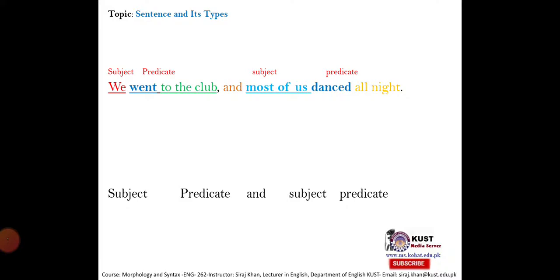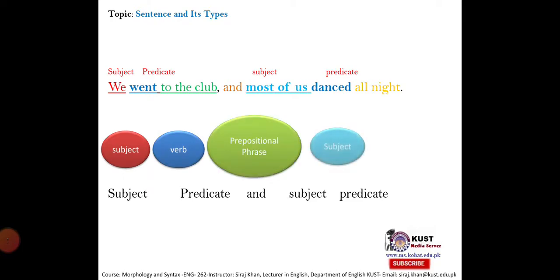So the compound sentence structure can be like a subject, predicate joined by a coordinating conjunction, subject and predicate. Here we can have we as a subject, went as verb, to the club, prepositional phrase, and is a coordinating conjunction.